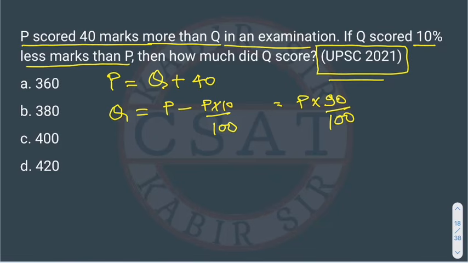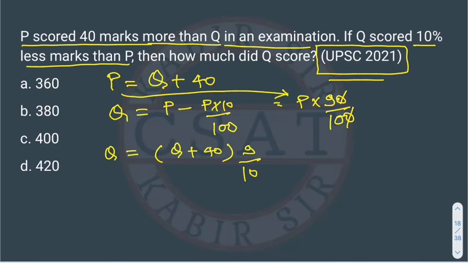Okay. So now how will we solve it? We will put the value of P here, right? So it will be Q is equal to Q plus 40. This 0 will cancel this 0. So it will be 9 by 10. Now the 10 will go this side, right?